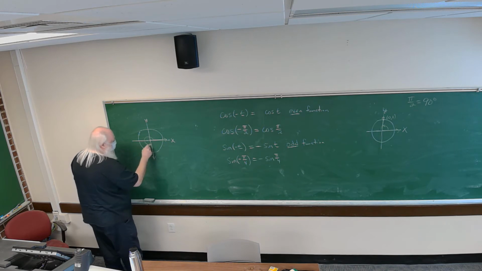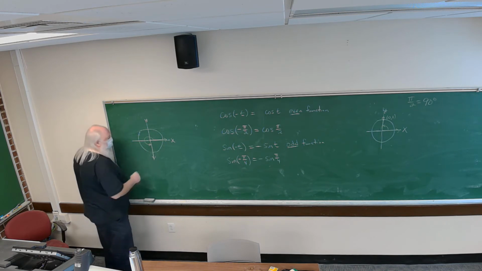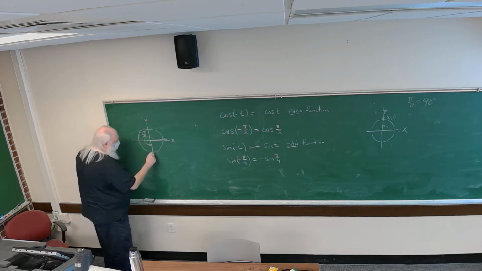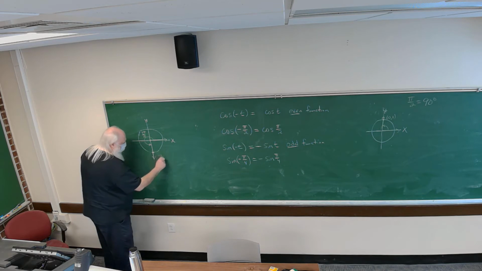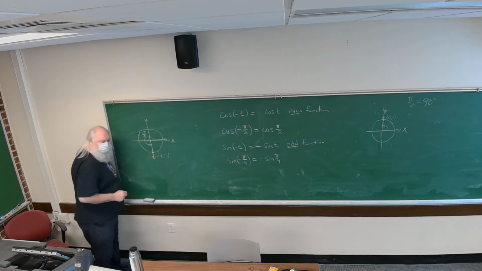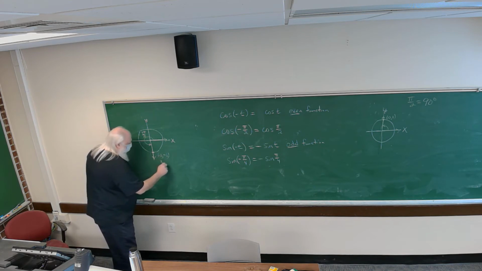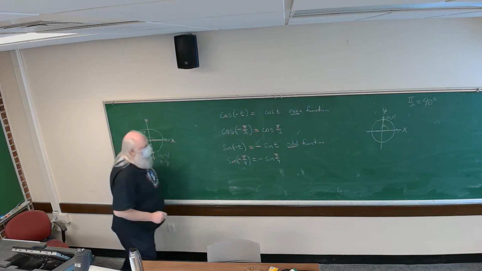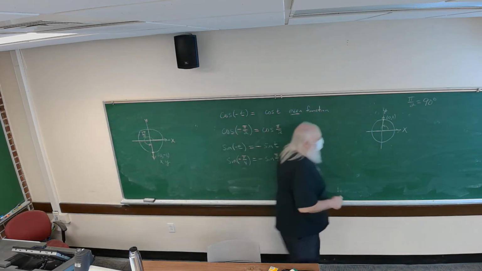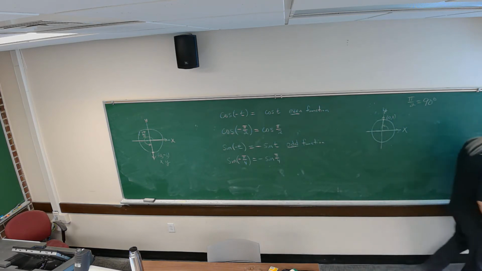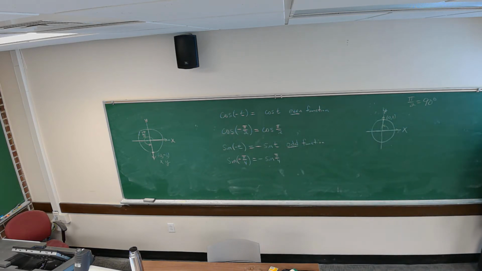So this is the angle in the counterclockwise direction, the angle 3 pi over 2, and the terminal side goes through the point 0, -1 on the unit circle. So the x coordinate is 0, the y coordinate is -1. So the cosine of 3 pi over 2 is equal to 0, and the sine of 3 pi over 2 is equal to -1.